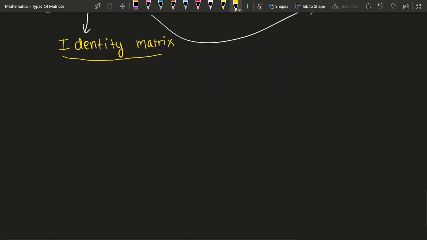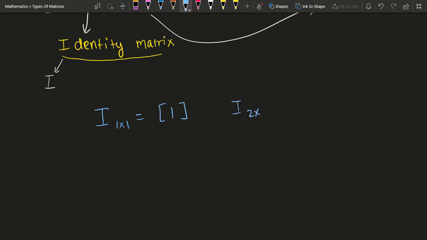You usually name an identity matrix by the capital letter I for obvious reasons. I 1 cross 1 is just equal to 1. I 2 cross 2 has the diagonal entries 1, and all other entries are 0.